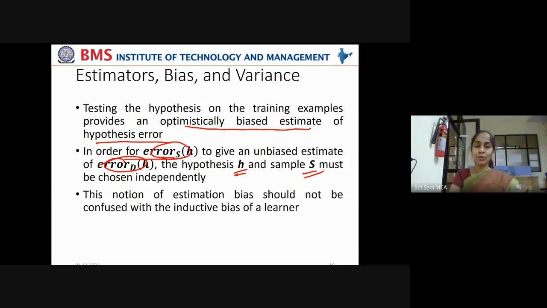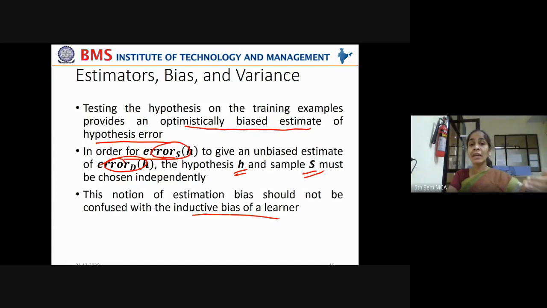Got it? This notion of estimation bias should not be confused with the inductive bias of a learner. We have already seen inductive bias in the previous chapters. Inductive bias is the assumptions we make, say the simplest tree is the best hypothesis, or you consider only conjunctions of attributes in the candidate elimination algorithm.